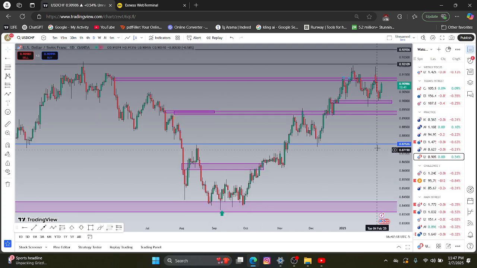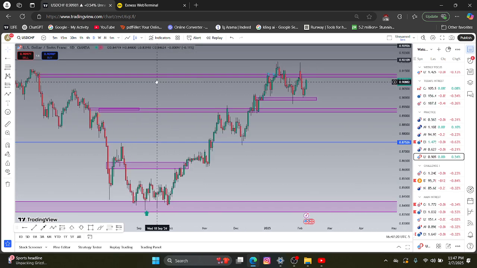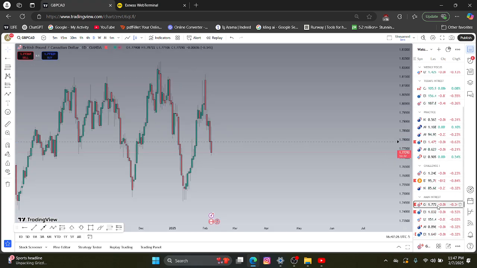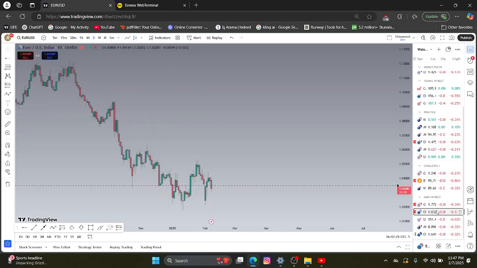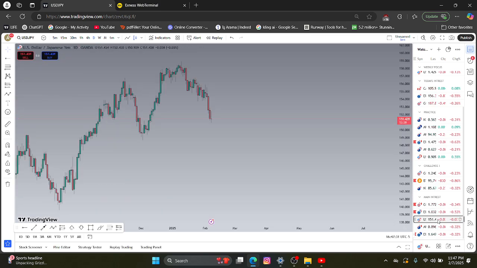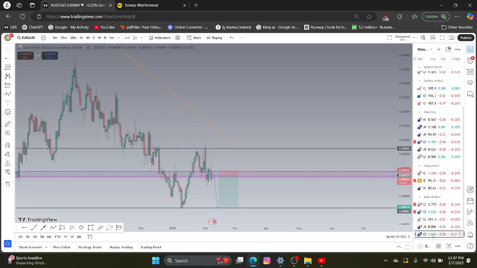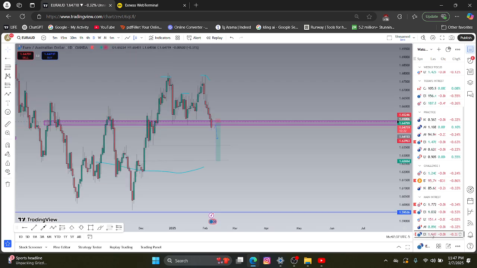I think that's it for this challenge. So we have GBP CAD, we have EUR USD, we have USD JPY, we have AUD CAD, we have EUR AUD. So we'll just wait and see what the market will give us. Then we'll start taking trades.